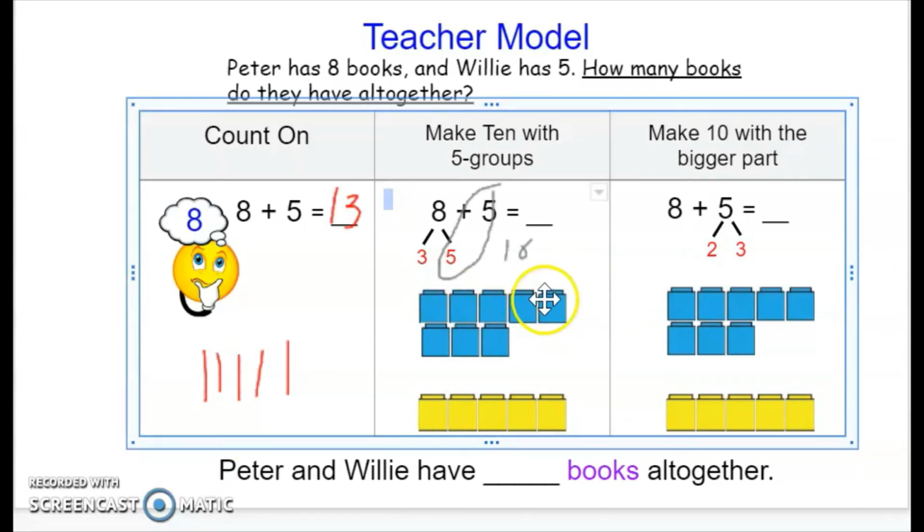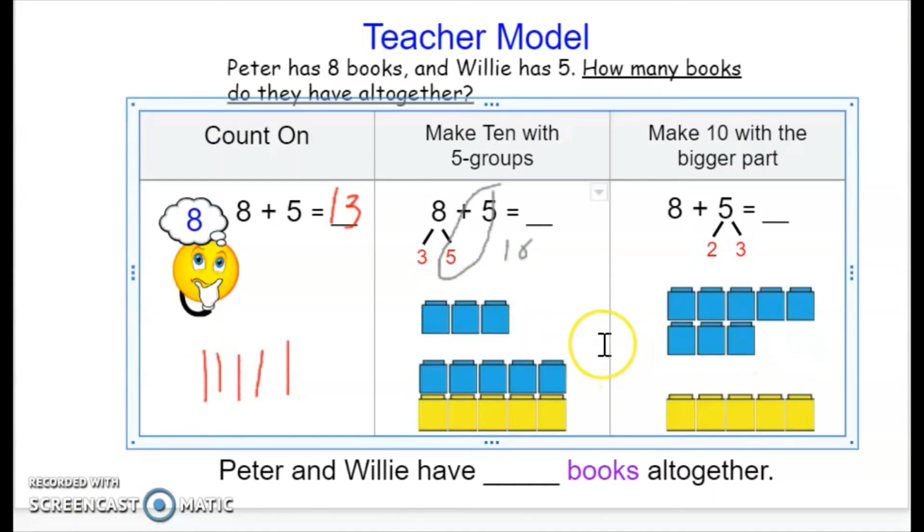I'm going to take 5 from Peter's 8 stack here. I regrouped and took 5 from Peter's 8 books and joined it with another 5 group. So I have 5 and 5, so 10, a 10 frame in one pile and 3 in the other pile.